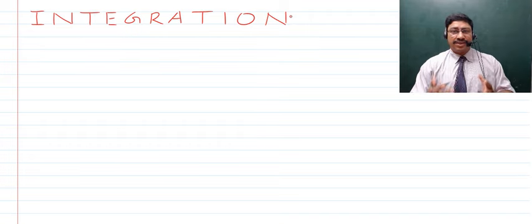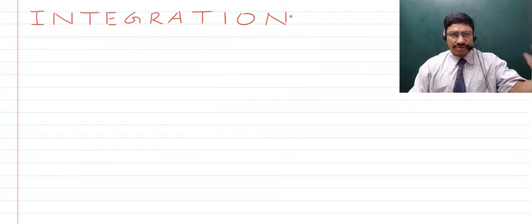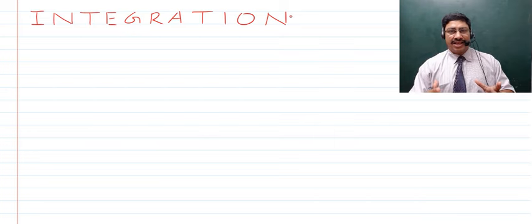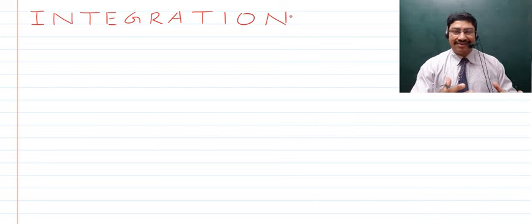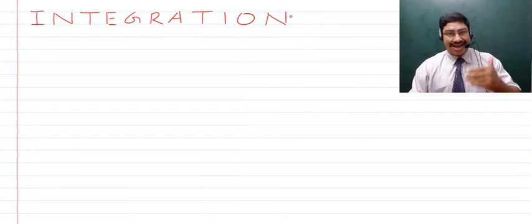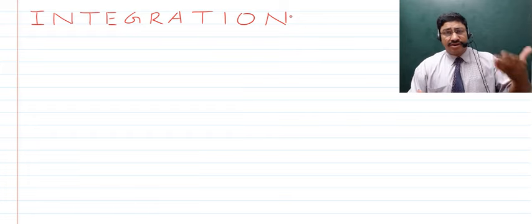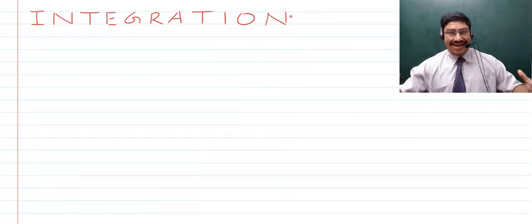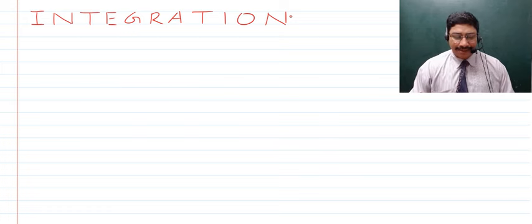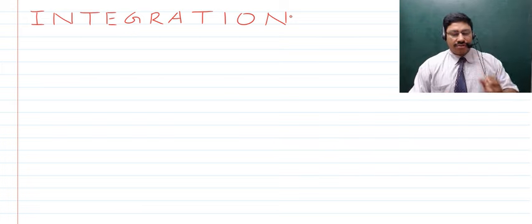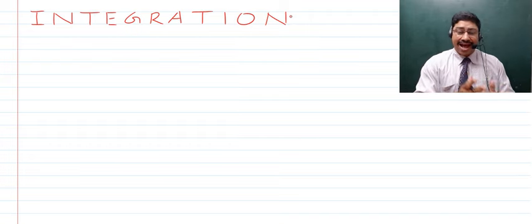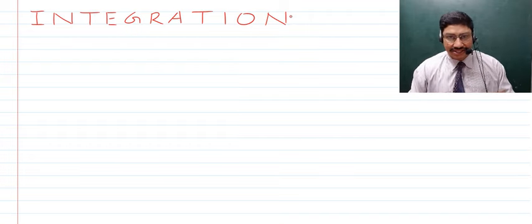That means we have the people of all tribes, religions, regions to be brought together. And if you talk about the Indian Railways, or if you talk about the national of different sports, they are all national integration programs. Okay, so here also in mathematics, when we try and get the original function back, we call it to be integration.